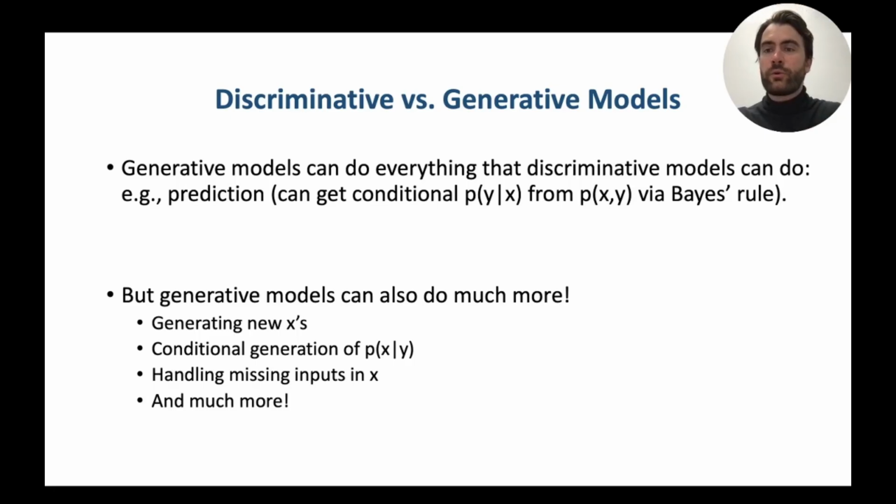Or perhaps, in the domain of classification, we could perform classification on data where certain attributes are missing. And there are all kinds of other applications that are possible. For example, we could try to detect whether a certain data point is coming from our data distribution or not. That would be another interesting use case.